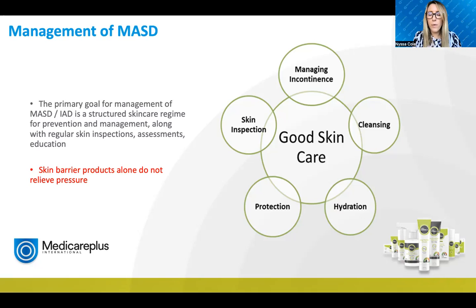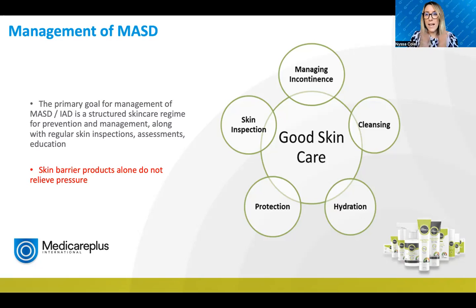It will help with the skin integrity, and it will help with the skin health and that barrier protection. But the only thing that is going to relieve pressure ulcers is pressure relieving equipment or manual handling procedures. So we cannot just use skincare products alone. But skincare products and barrier skincare products specifically are brilliant for managing moisture-associated skin damage.